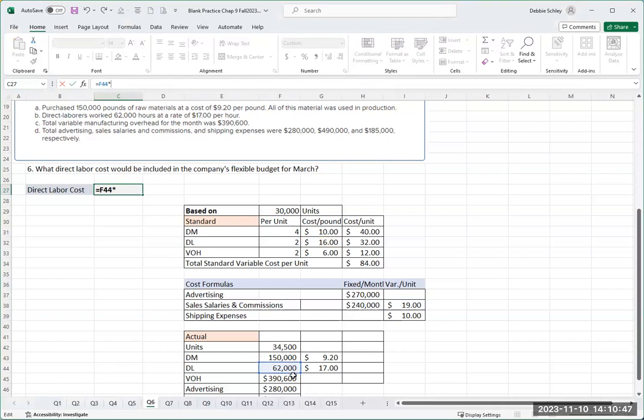So I did, let's see. Okay, let's do the other one first. So equals the actual units times the actual cost per unit. Okay. Or if I wanted to make it longer and take more steps, no, that doesn't work. No, we're going to leave it at that because I don't want to confuse you.